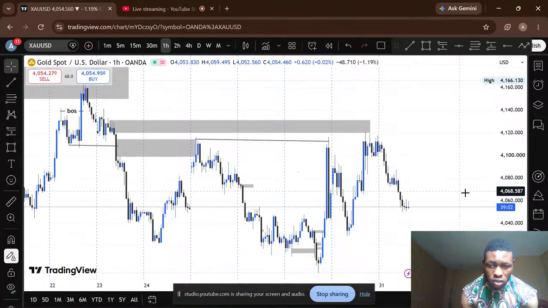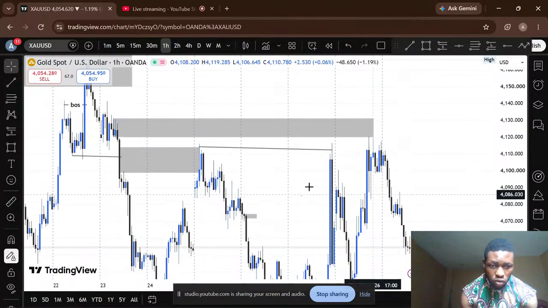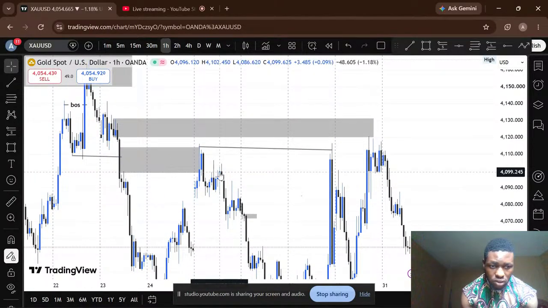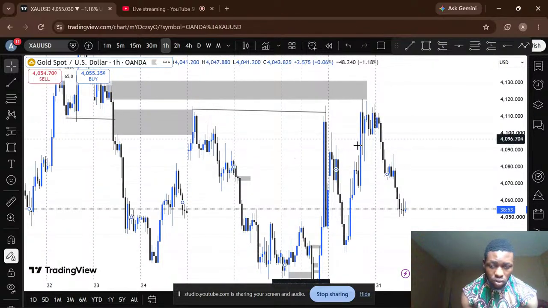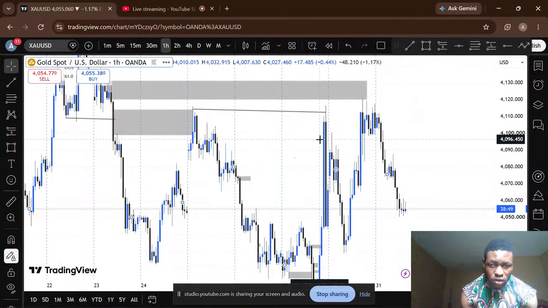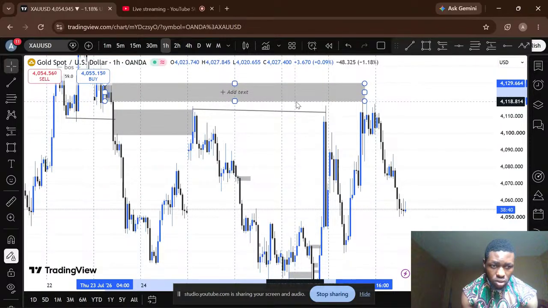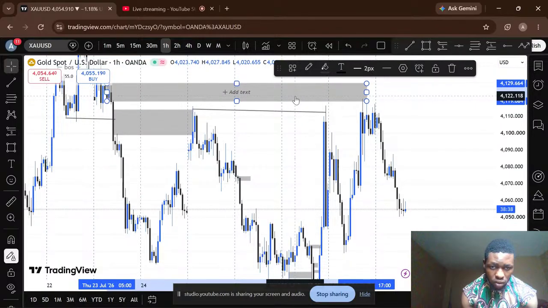So if somebody is still holding this trade all the way from this place, and price comes back, it is taking the person out ASAP. I mean immediately, because look at the order block here.